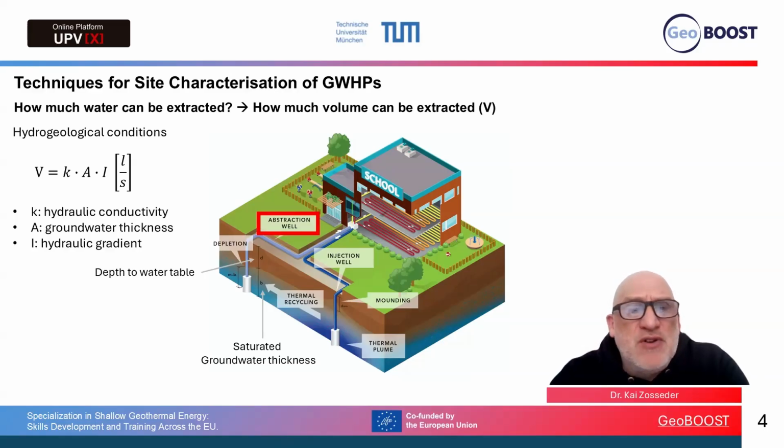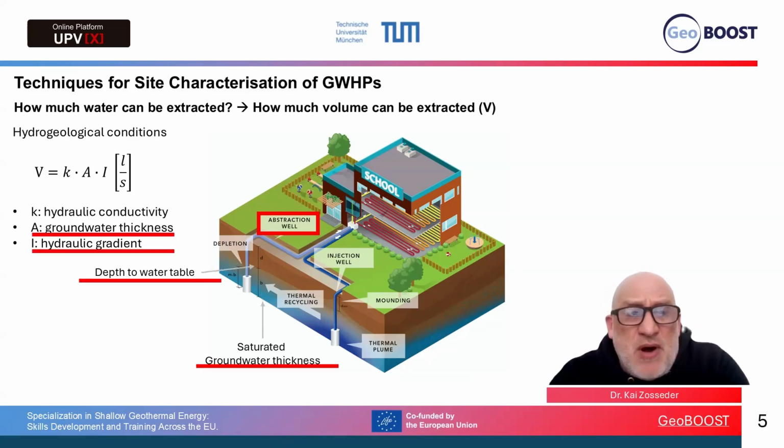Water flows from a high hydraulic head to a low hydraulic head, or from high hydraulic potential to low hydraulic potential. So the hydraulic gradient also defines the flow direction. This is why we need it. Starting with the groundwater thickness, these are the parameters we have to assess first.